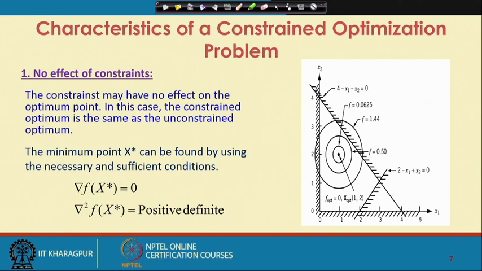Let us look at some characteristics of a constrained optimization problem. It may happen that the constraint has no effect on the optimal solution. In other words, the unconstrained optimum and the constrained optimum are the same. This is what you see on the diagram.